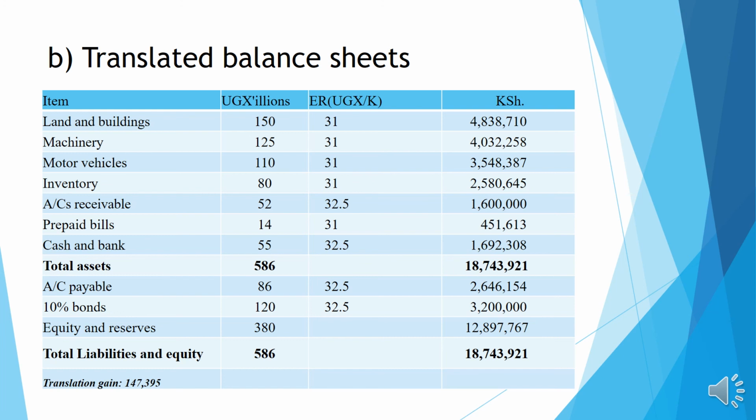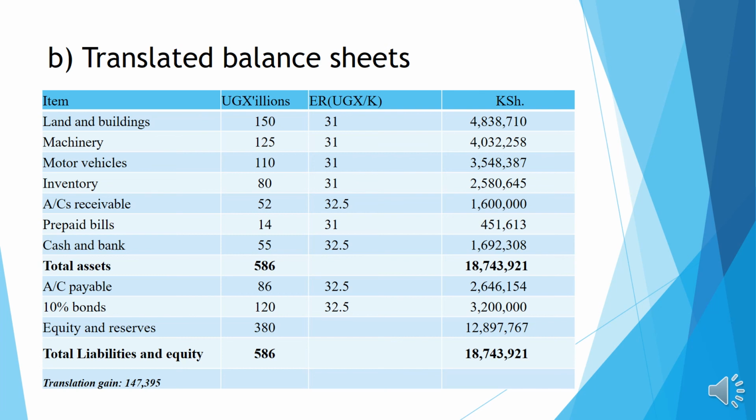Inventory, although it is a current asset, is valued at historical cost, because it is reported at historical cost. Otherwise, it would have been the current rate. Then all liabilities at the current rate.